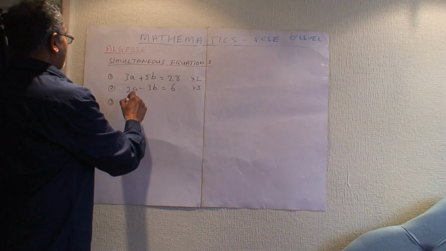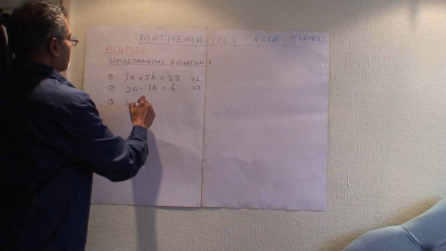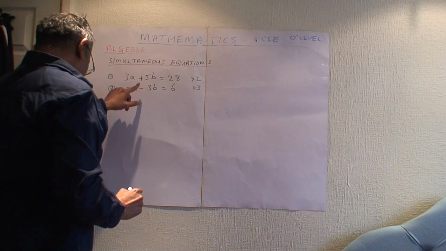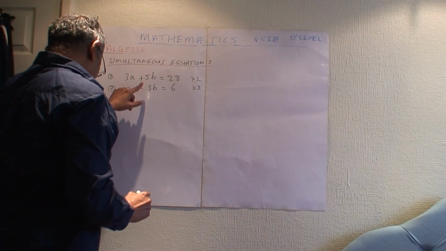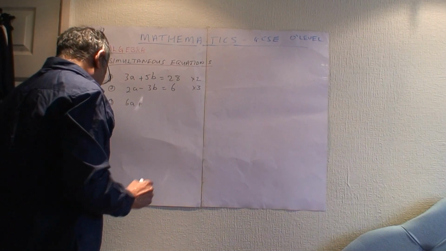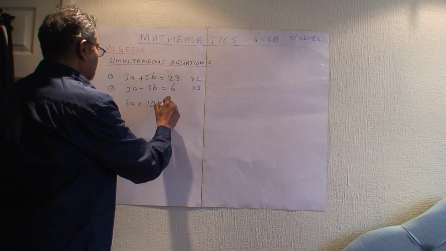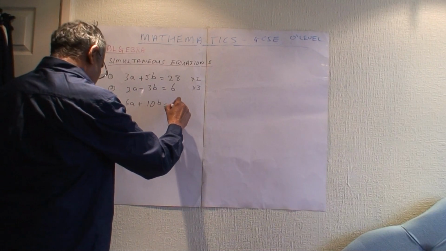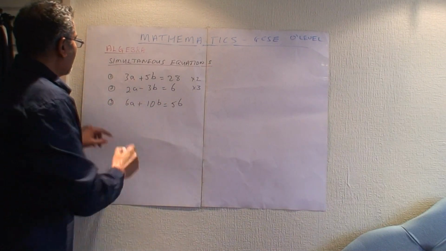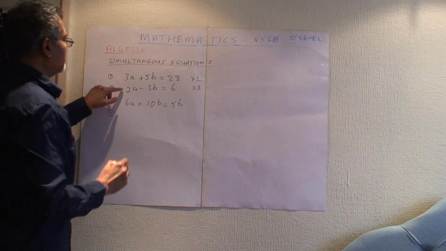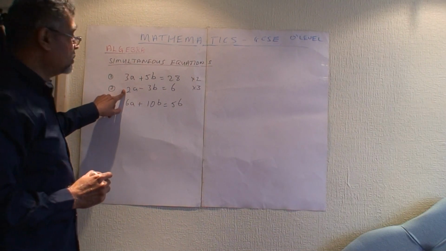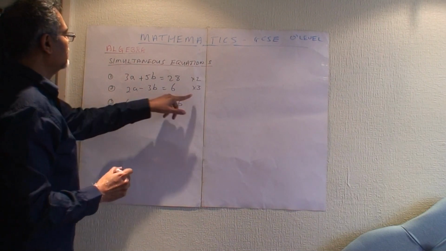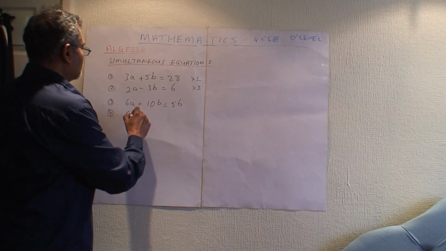The third equation, we're going to multiply this by 2 and make it equation number 3. So we have 6a plus 10b. 28 multiplied by 2 is 56. For equation 4, we do the same thing for equation 2. 2 by 3 is 6, that's 6a.